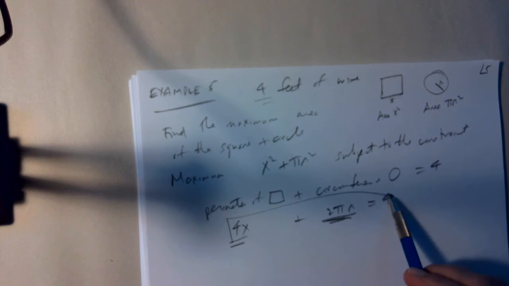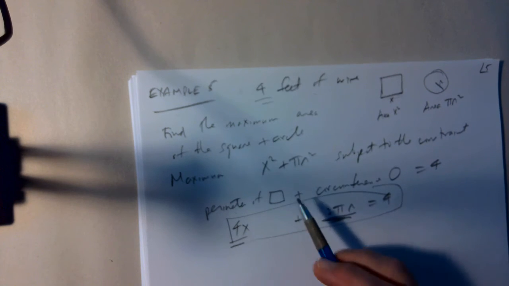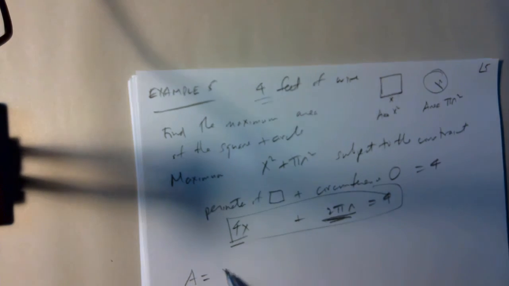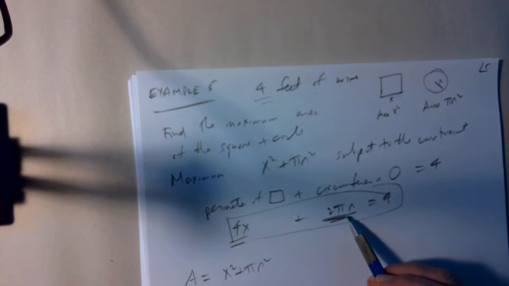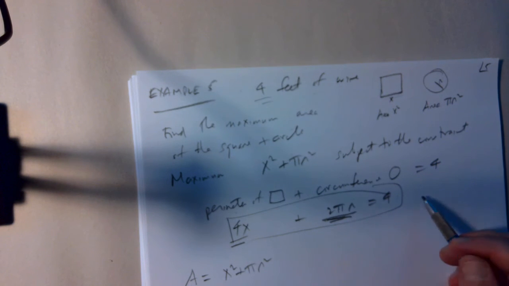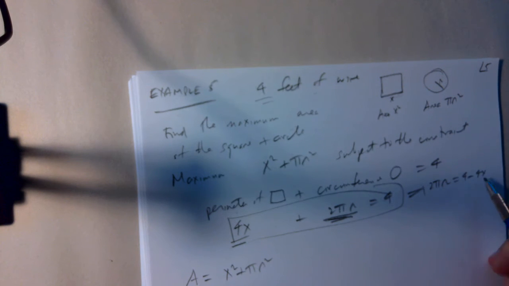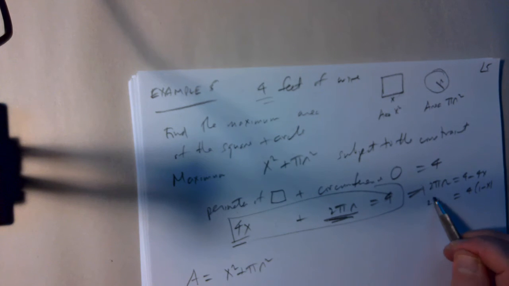So this is the constraint we have to satisfy. So the total area is x squared plus pi r squared. But this relation tells us what r is in terms of x. This says that 2 pi r is 4 minus 4x, or 4 times 1 minus x.